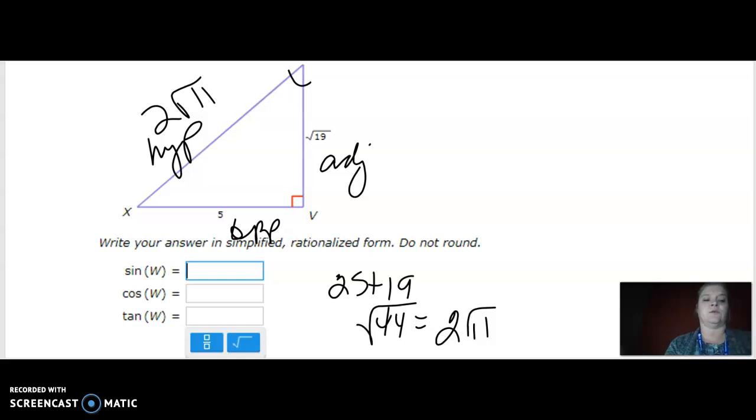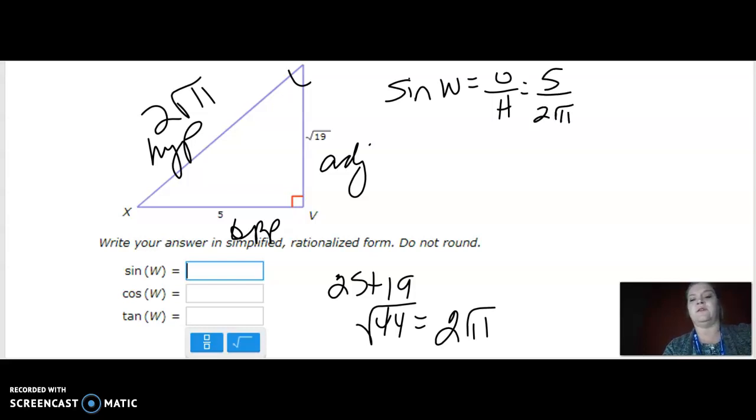So our hypotenuse is 2 square root of 11. Sine W equals opposite over hypotenuse, which is 5 over 2 square root of 11. Multiplying by square root of 11 on top and bottom gives 10 square root of 11 all over 44, which reduces to 5 square root of 11 over 22.